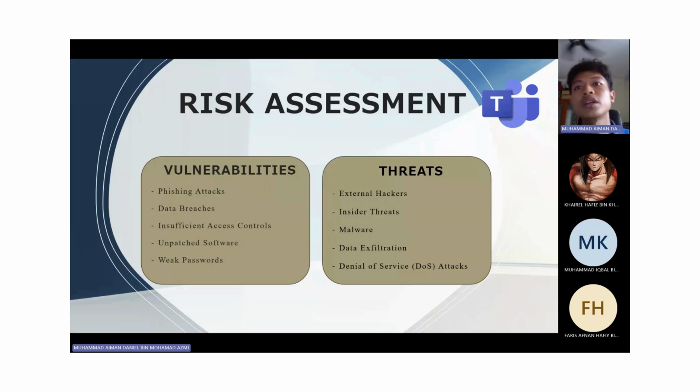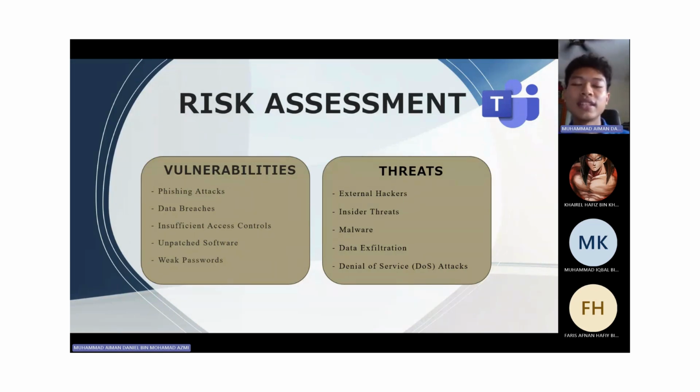And then the next one, we're talking about the threats to your company regarding Microsoft 365 use. There are 5 different threats that I have analyzed for this part. The first one is external hackers, then insider threats, malware, data exfiltration, and DDoS, which is denial of service attacks.